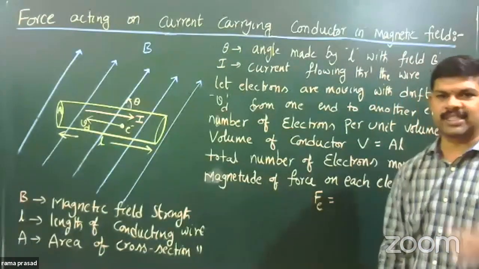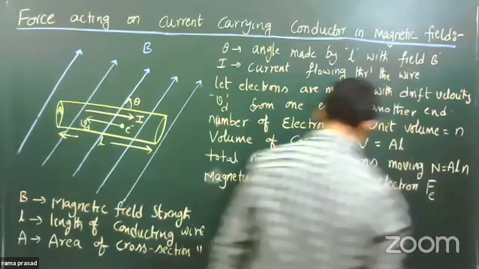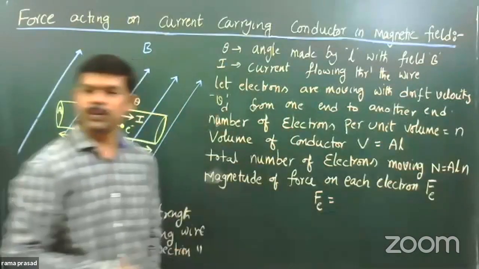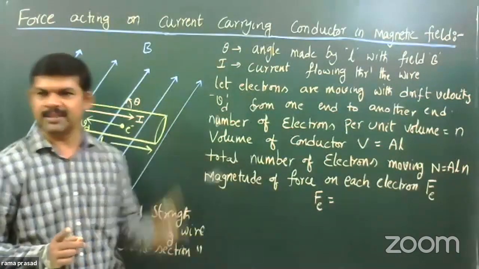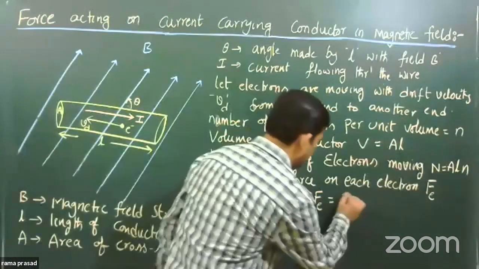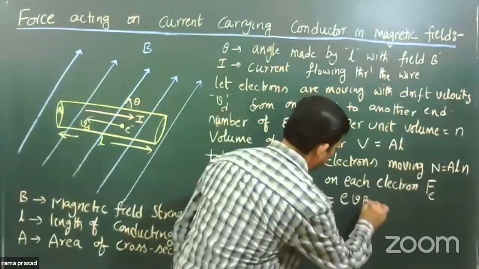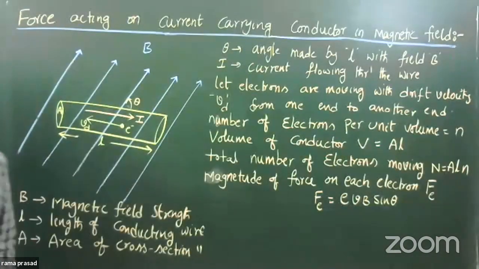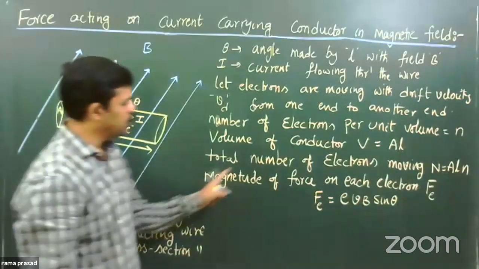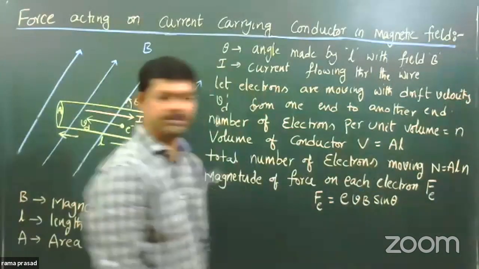Force acting on a charge in the magnetic field, we know: q v B sin theta. Here q means charge of the electron, e. So e v B sin theta is the magnitude of force acting on each electron.